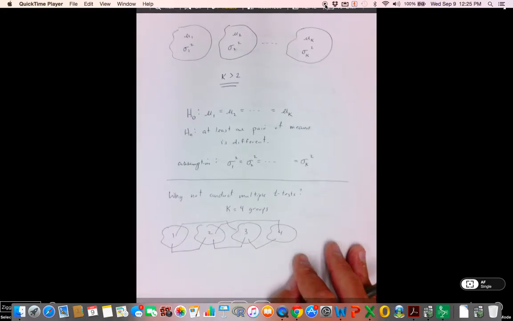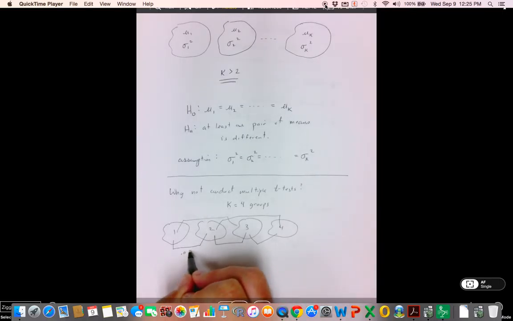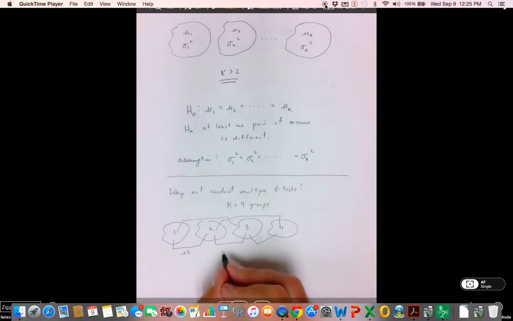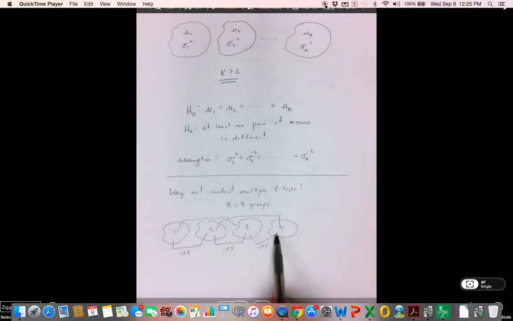Well, you can show that if we have a 0.05 probability of committing a type 1 error on this test, we also have a 0.05 probability of committing a type 1 error on this test, and on this test.